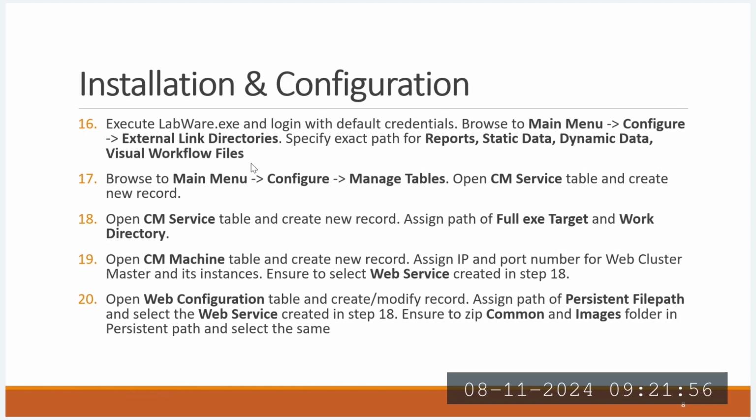When it comes to static data, the static data I prepare in the LIMS application is stored in one of the folders. The same path shall be updated in the LIMS application. It is the same with dynamic data. Here I want to conclude one thing. If someone asks what the difference is between static data and dynamic data, yes, there is a difference.